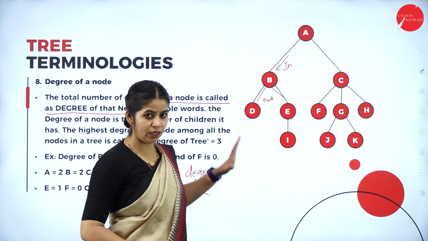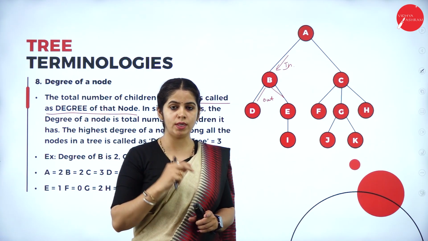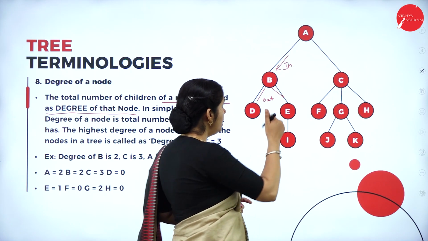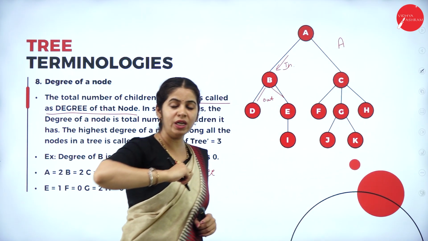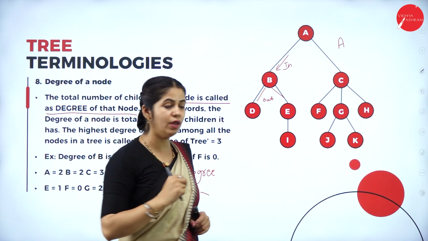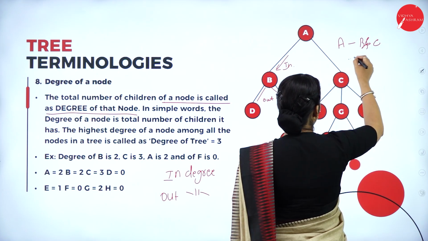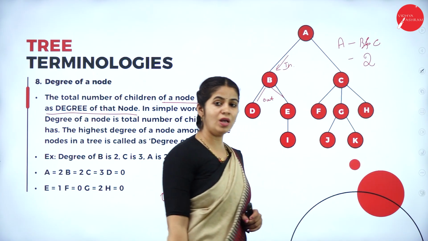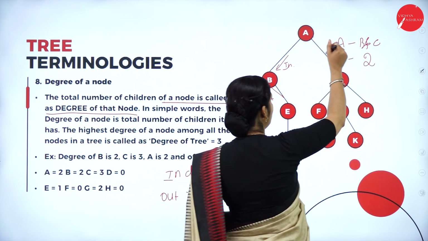What is a degree? First of all, how many children a parent or a node is having, that is called degree. Here, for example, if I take the node A, how many children is node A having? It is having B and C. So the degree of this is 2 because it is having 2 children. So what is the in degree for A?